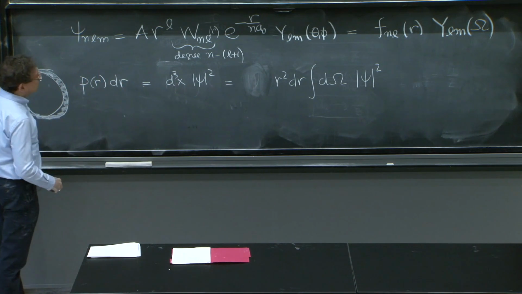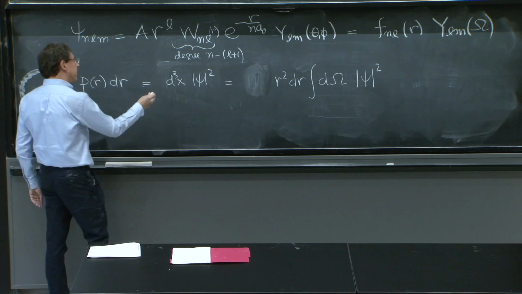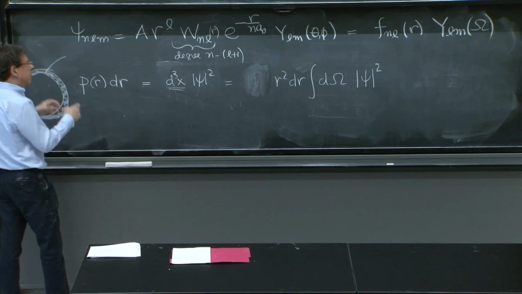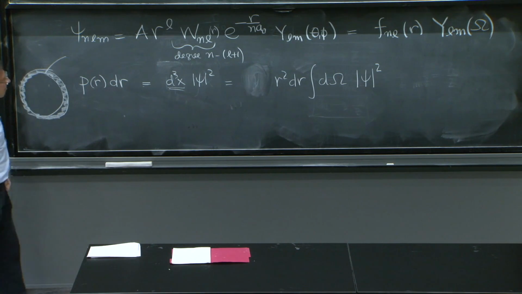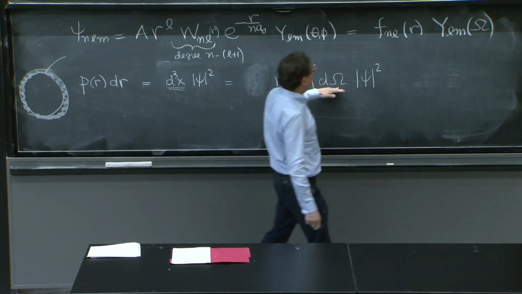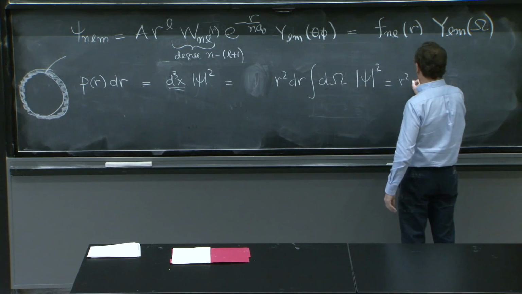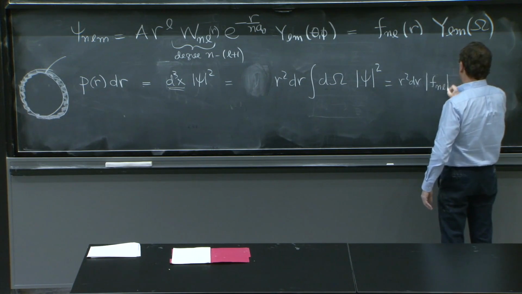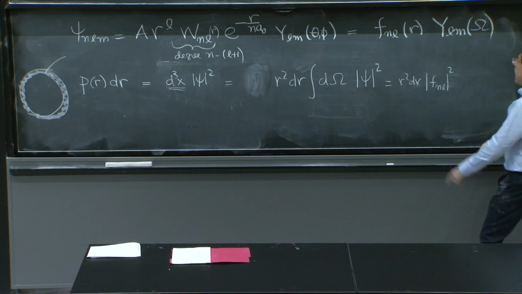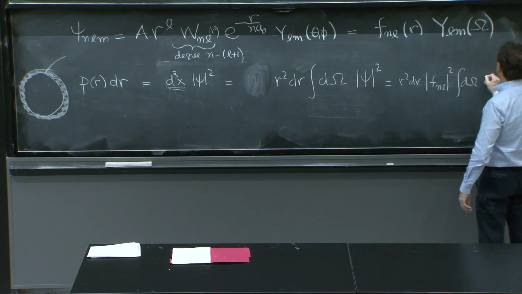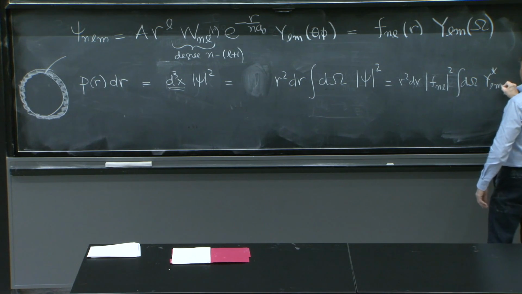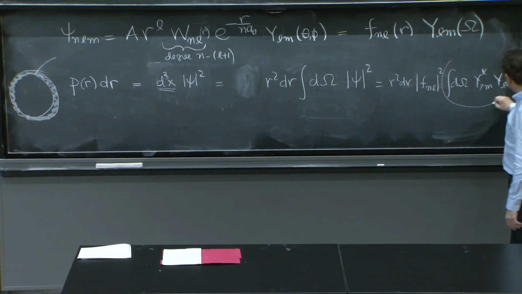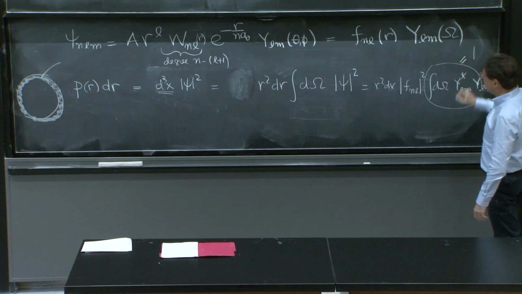So the notation is not perfect, but somehow you must imagine this whole volume element that is still infinitesimal, but involves some integral already. So you have this, and you get then r squared dr F n l squared, and you have the integral d omega of this Y star l m Y l m. And that integral is exactly 1.